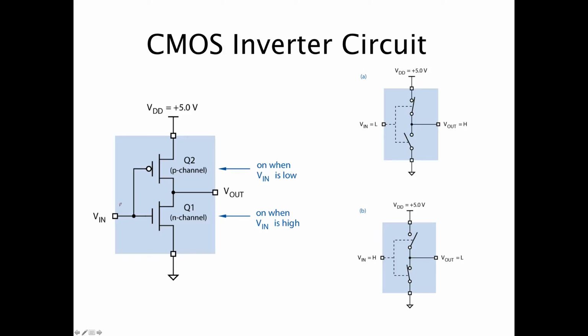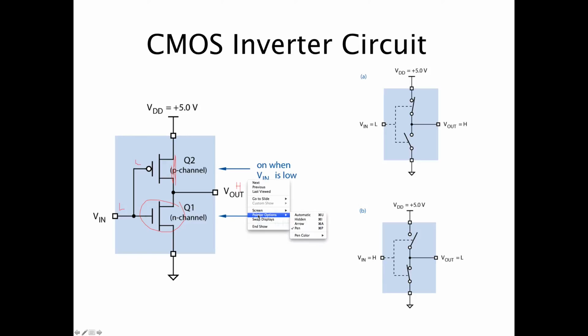Let's say we put a low in here. A low here shorts this because I hit the bubble, and so I get a high on the output. To be consistent, this would not be connected because a low here opens that transistor. So a low on the input gives you a high on the output.